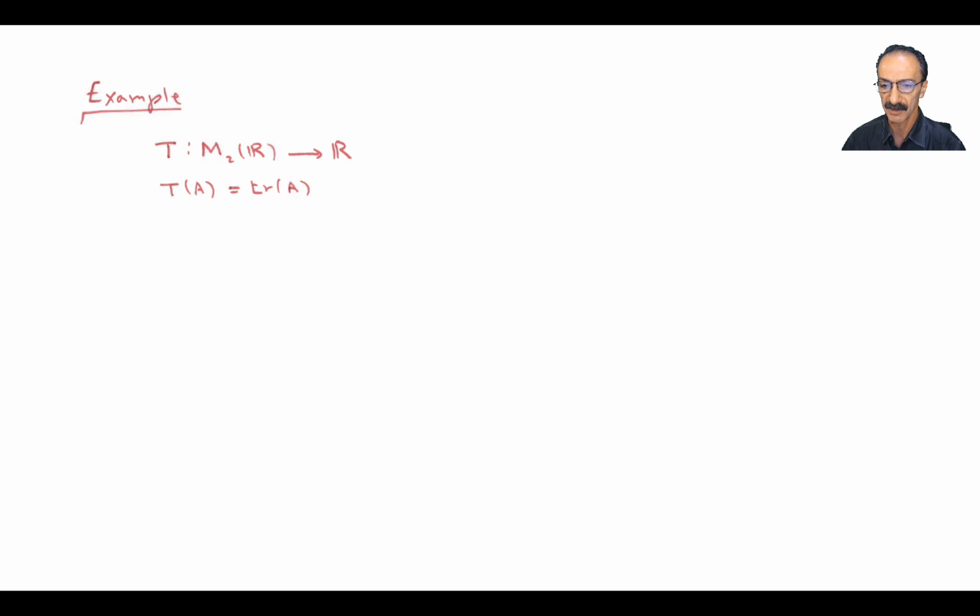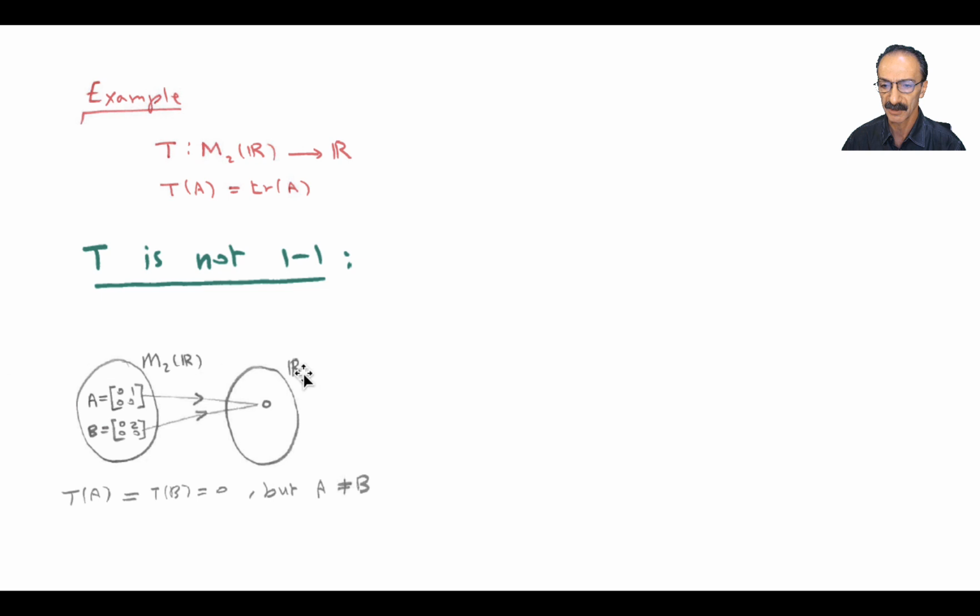Now in this case, T is not going to be one-to-one, and let me show you why. Look at this picture. If you pick as an example the element 0 in the set of real numbers in W, this could be coming from [0, 1; 0, 0]. The trace is still 0. [0, 2; 0, 0] will also give you a trace of 0. Two different elements give you the same output.